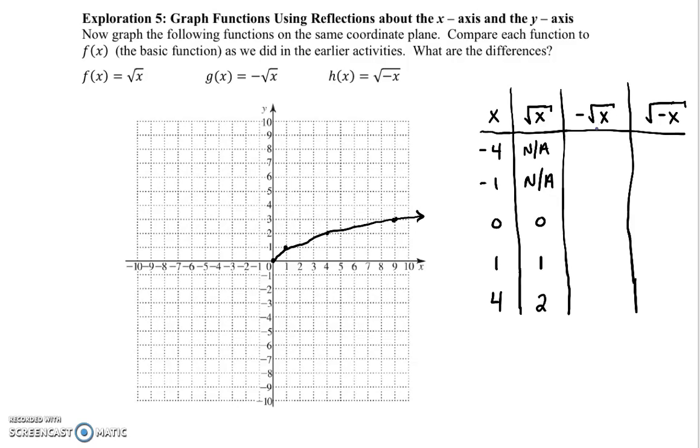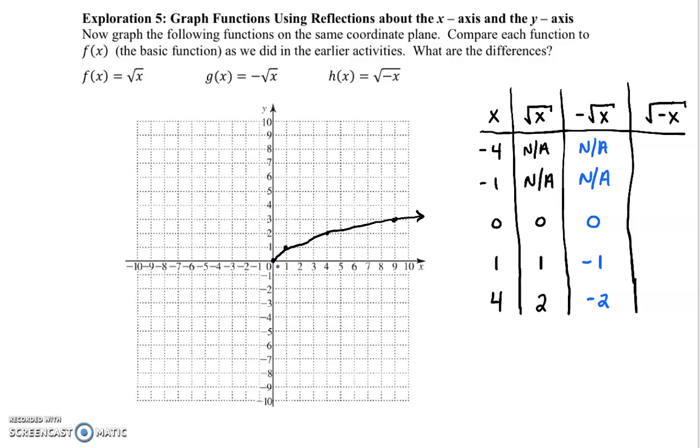Okay, let's do negative square root of x. So if we put -4 in, we still can't do that because that's a negative under a square root. Same thing with -1. If we put 0 in, we get 0. If we put 1 in, we get -1. And if we put 4 in, we get -2.